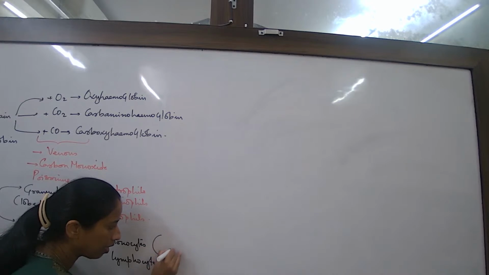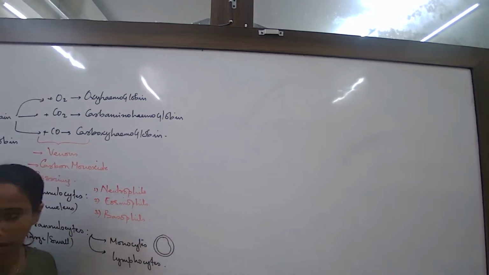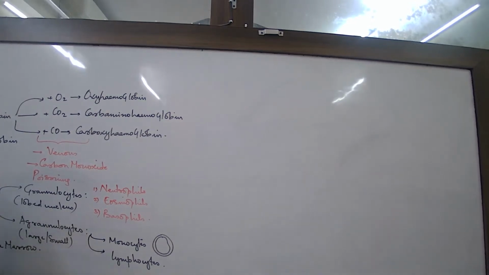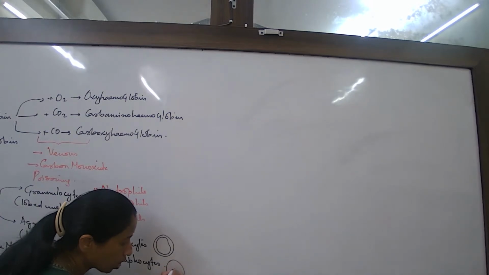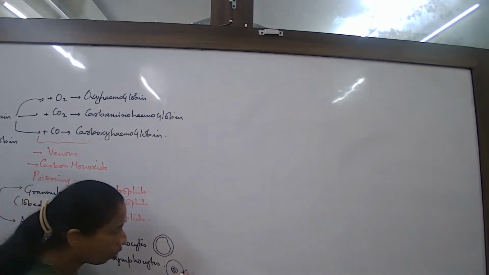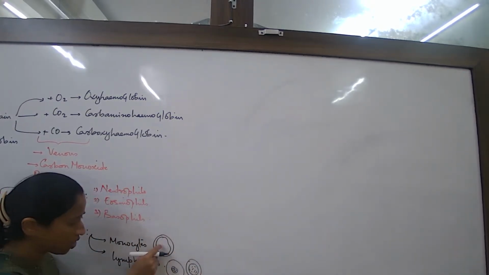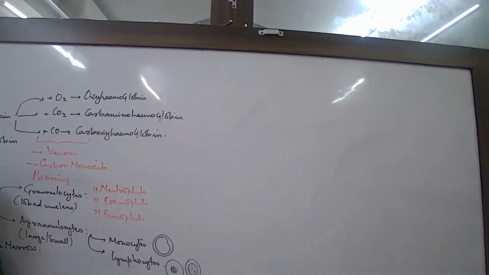So all these diagrams that you come across, drawn either this way or this way, are all monocytes. Lymphocytes comparatively can be of two types. Either this way you get a cell that is a lymphocyte, or this type of cell is also a lymphocyte. But majorly, in the monocyte, the nucleus is roughly bean-shaped, but a big nucleus it is.